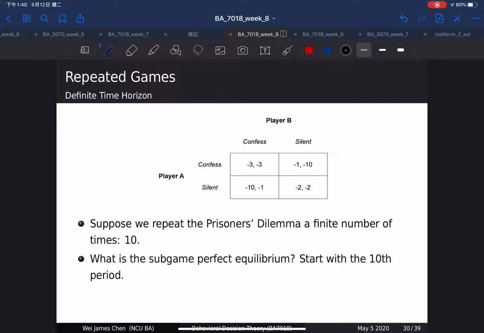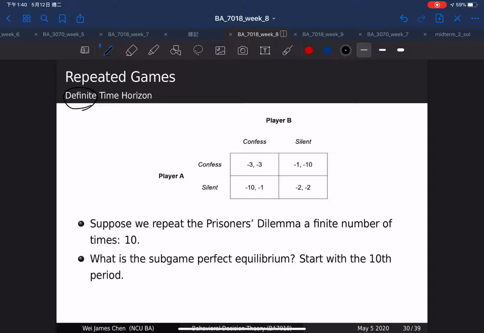there's a special class of game called repeated game. A repeated game may only be played with a finite time horizon, which means it only plays for finitely many times. For example, if there are two players, player A and player B, they first play the prisoner's dilemma once, just like what we learned before, and then they play another prisoner's dilemma, the same game, again.